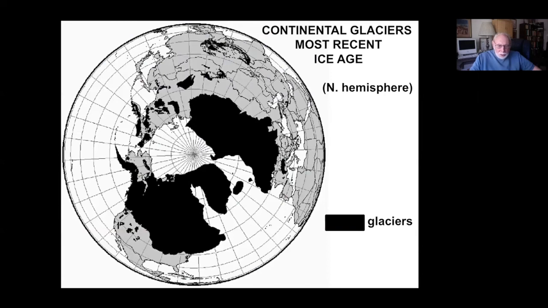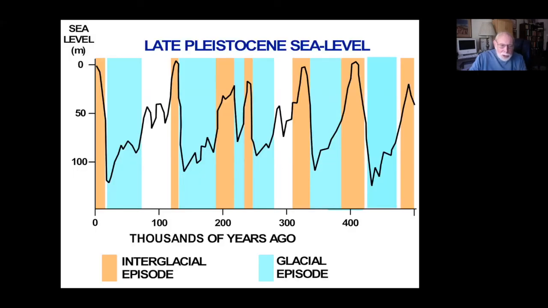Glaciers covered much of North America and Eurasia at the time. That water had to come from somewhere, and it came from the sea. And so sea level dropped about 100 meters or so every time we went into a glacial episode.